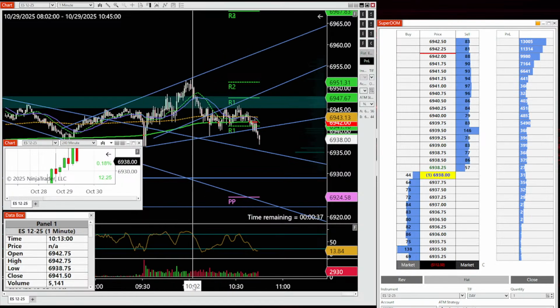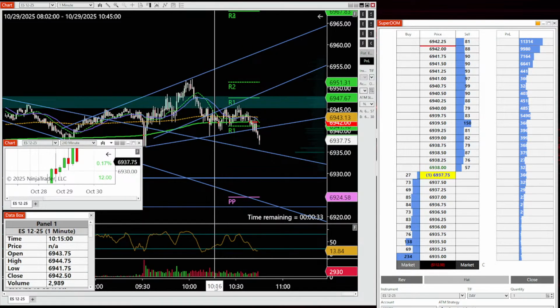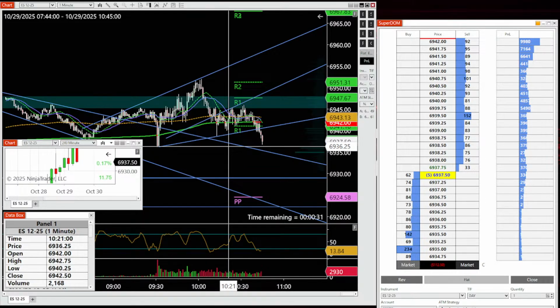We're coming back to test the previous low, I mean, not the previous low, but the opening low of 36. Another 15-minute bar will open up any minute now.